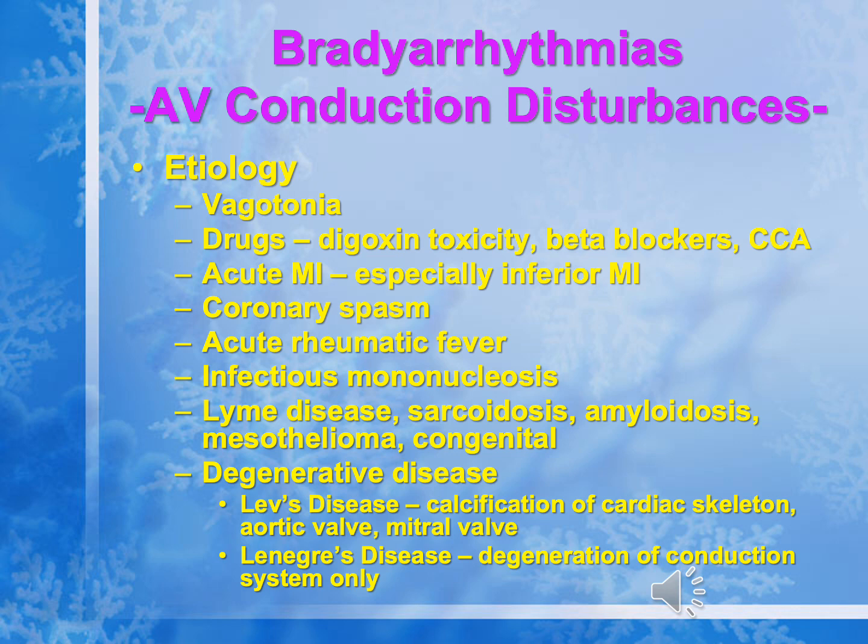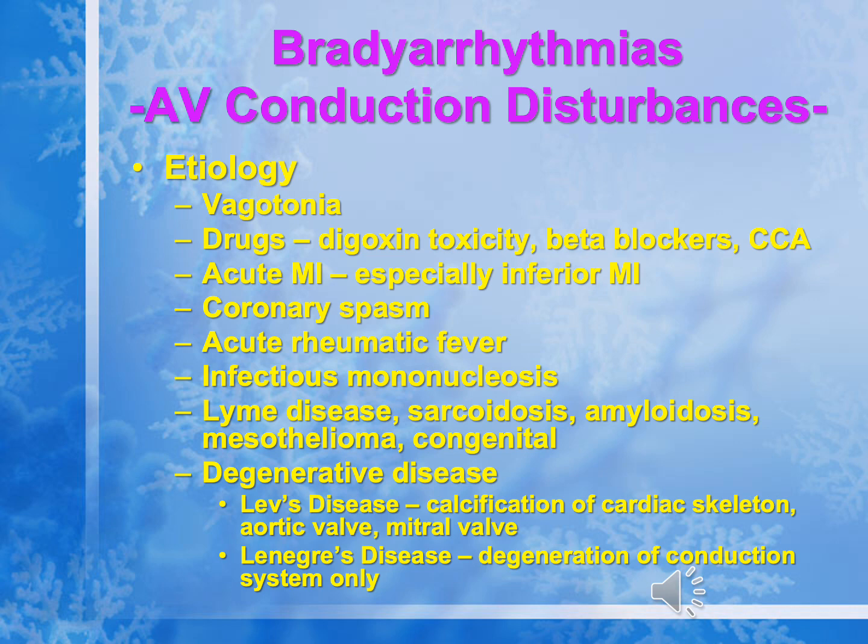Acute myocardial infarction, and specifically the inferior myocardial infarction, may be a cause of AV node dysfunction, as well as coronary spasm of the posterior descending coronary artery and right coronary system.